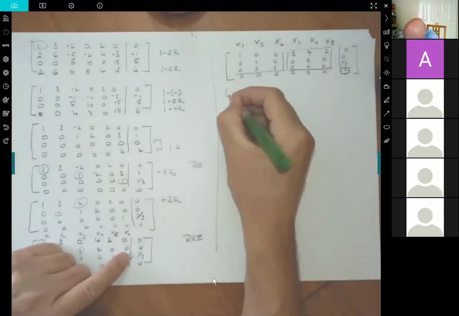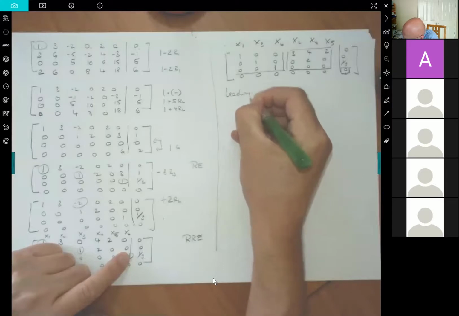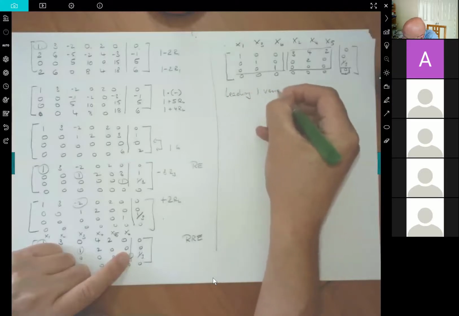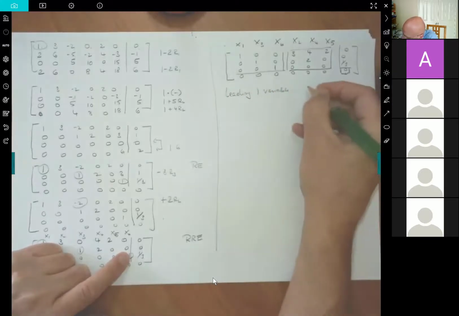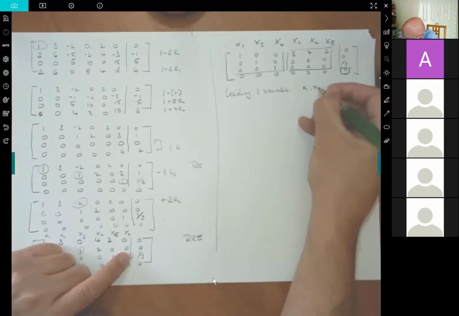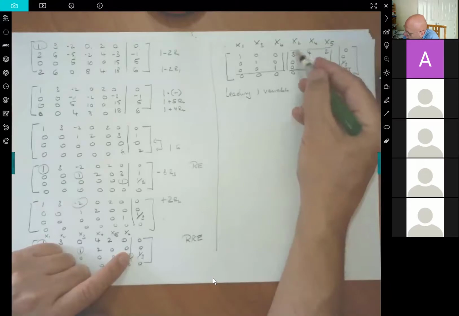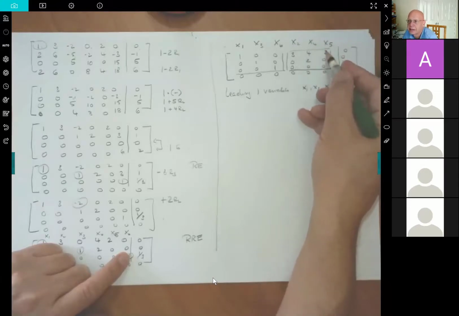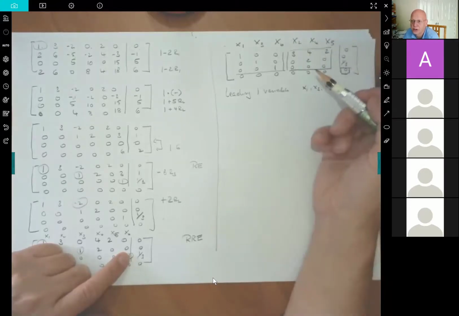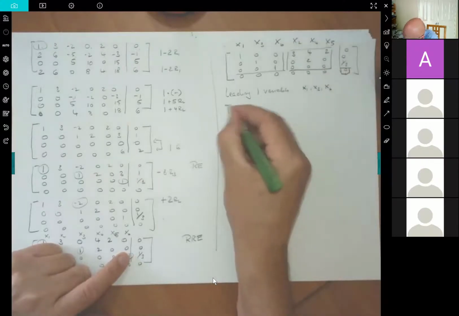So we have the leading 1 variables. We have x1, x3, and x6. And then we have 2, 4, and 5. These are the variables which get a parameter. Sometimes we also call them free variables or parameters.